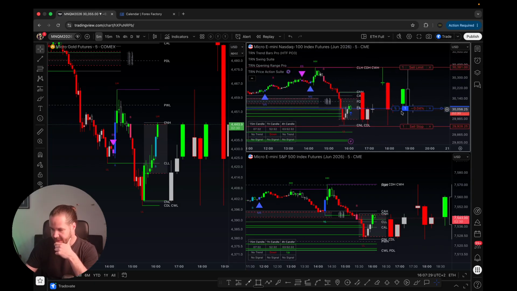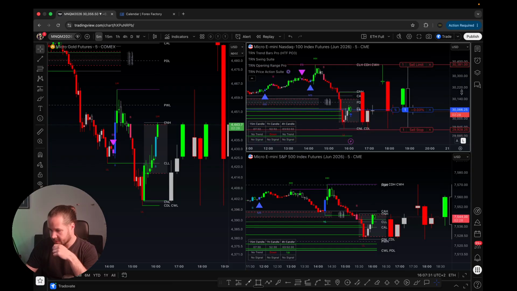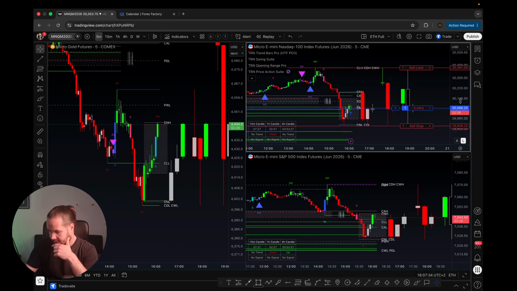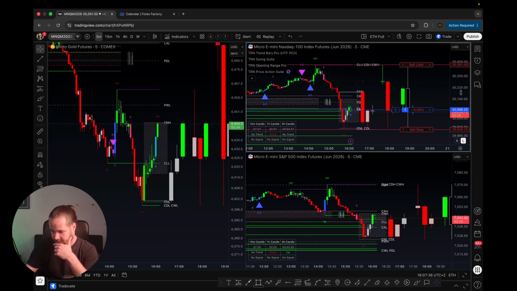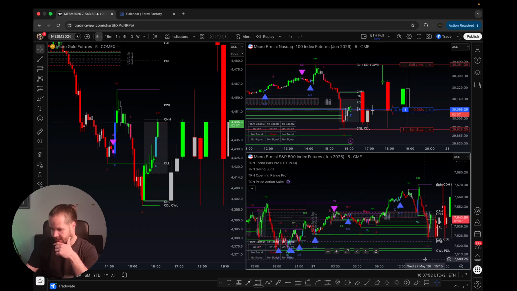But first, let's see if we get a winning trade here. Okay. Maybe I should have entered here on ES, which looks a bit stronger right now. But overall, NQ was the strongest symbol from my perspective.